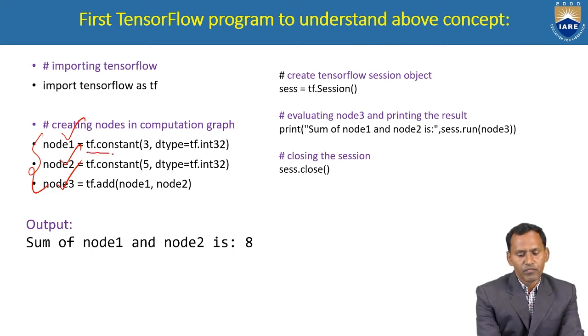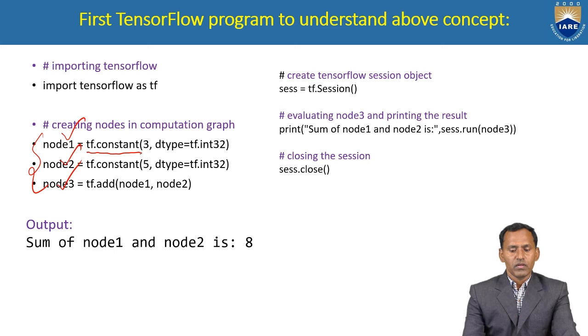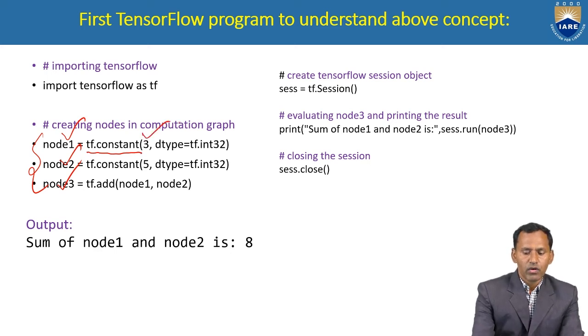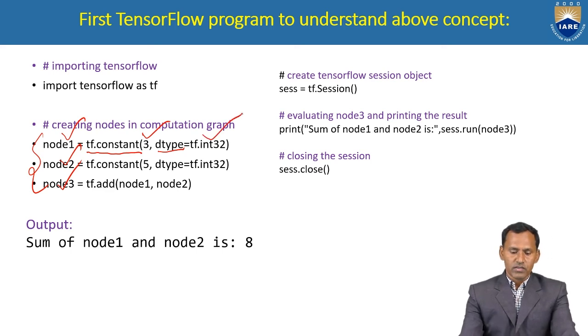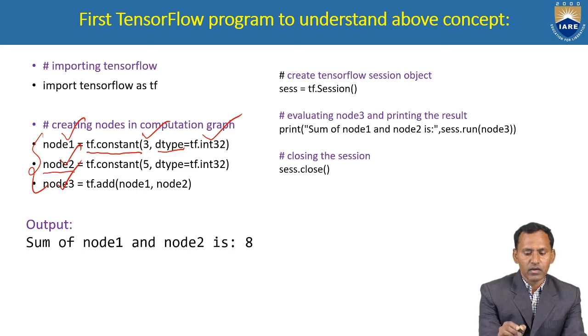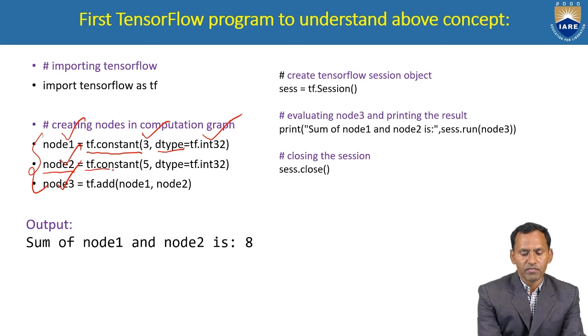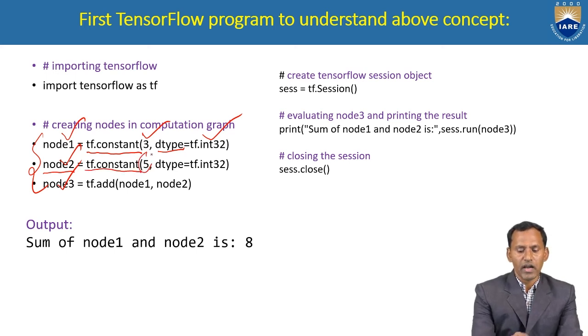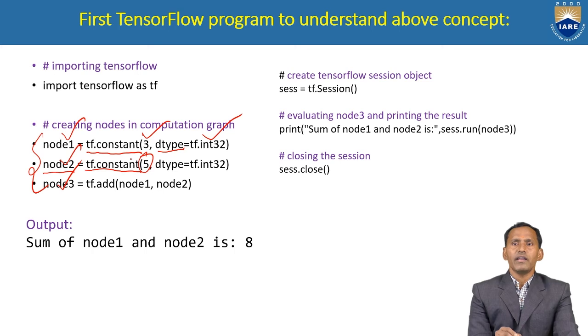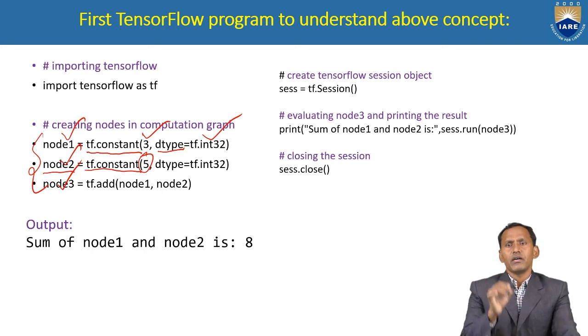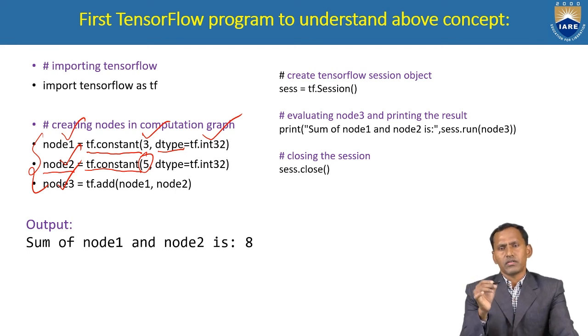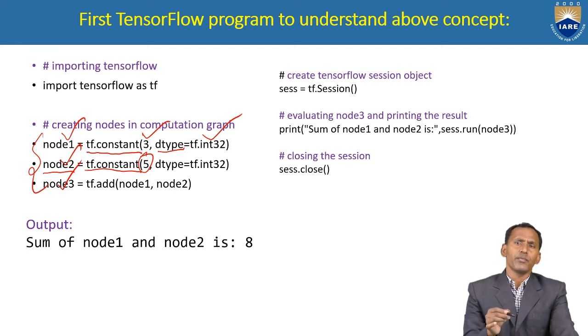Now tf.constant, 3 is the value, and by using dtype we can represent the type of that constant. Node 2 is also there, so we can create a second tensor by using tf.constant. The value is 5, and dtype represents the type of that value. And the last one, the resultant tensor, is node 3.